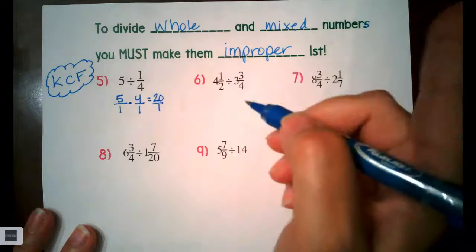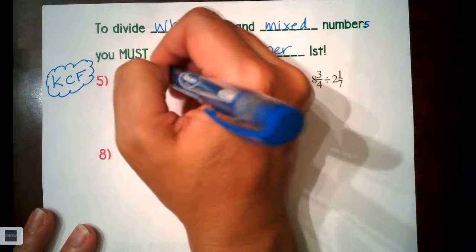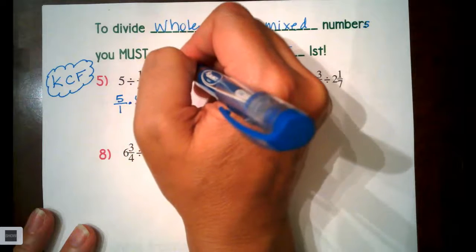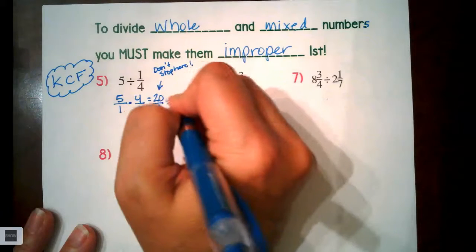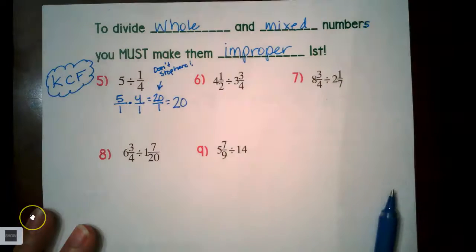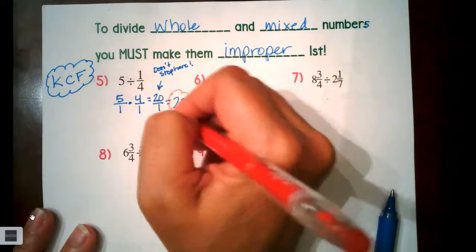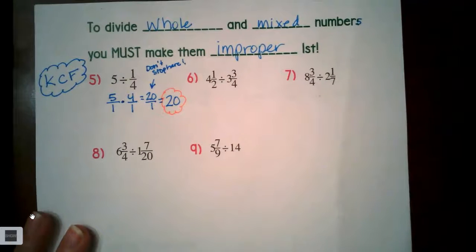Now if you remember from the last page, you can't leave it here, so don't stop here. We're going to make that a whole number of 20. Alright, so that one wasn't so bad.